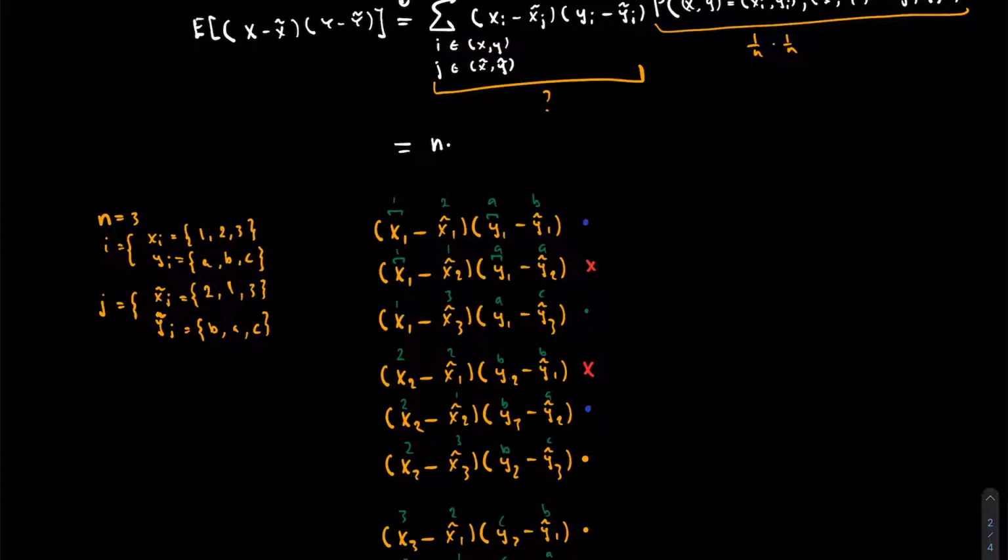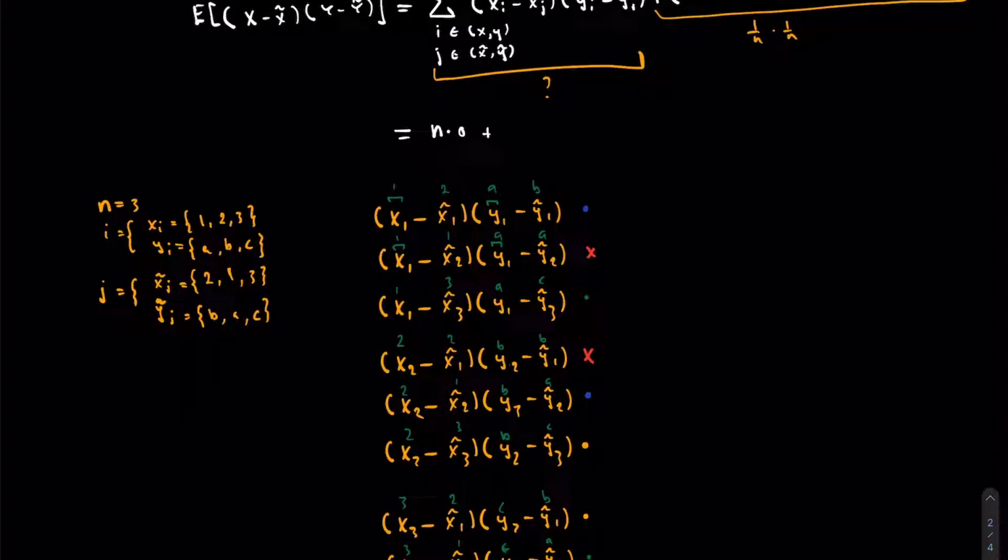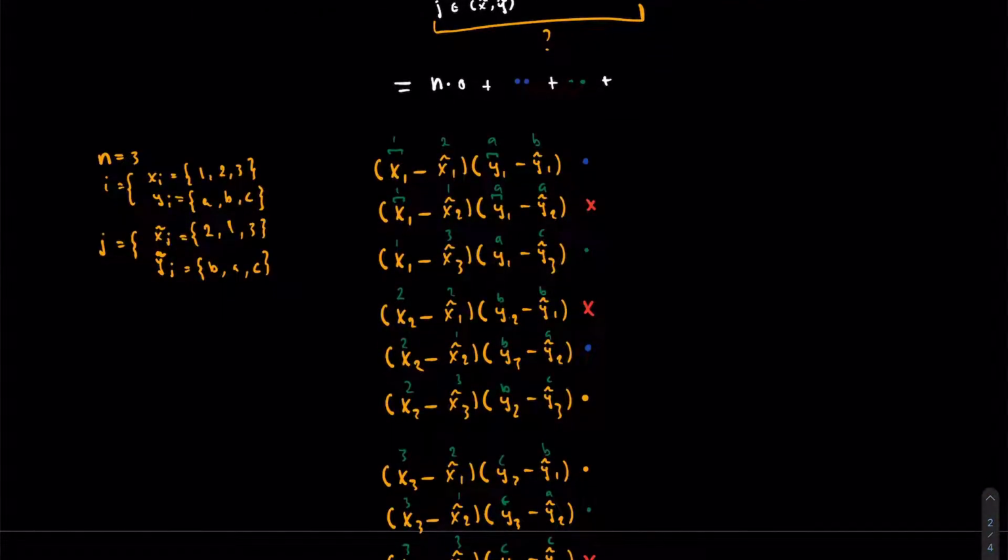We have basically a 0 here, plus a blue and a blue, plus a green and a green. These colors just basically mean it's the same amount added, right? And then we have an orange and an orange.